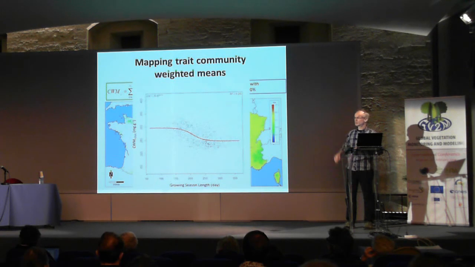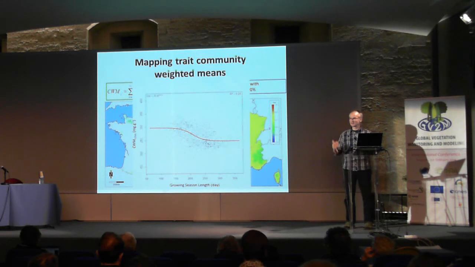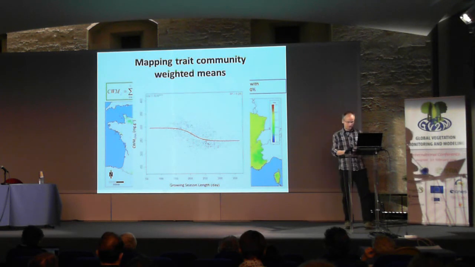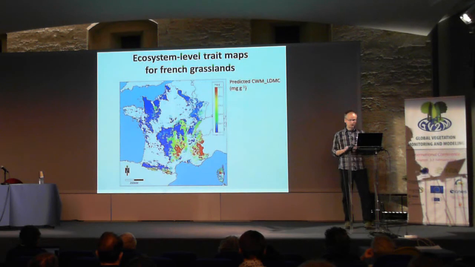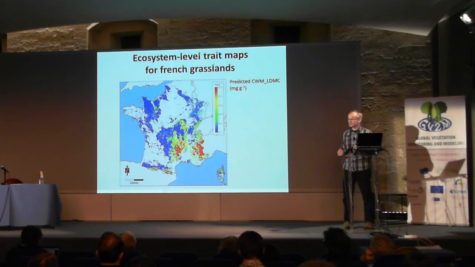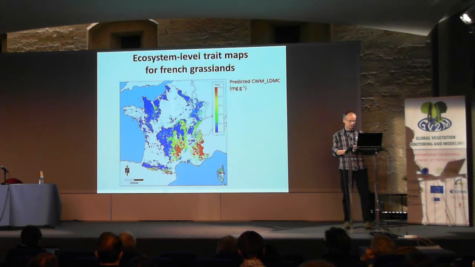Again, for this ecosystem, there is some correlation between plant trait and environment, here trait and here environment, but there is more noise than pattern. You could use this pattern to go from the individual plots and derive maps here for French grassland.